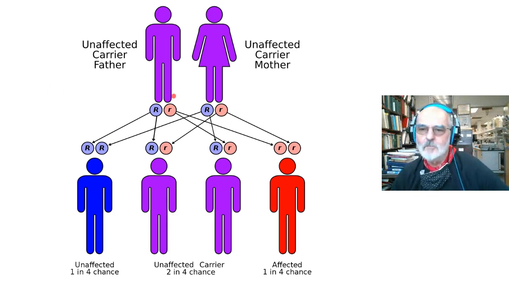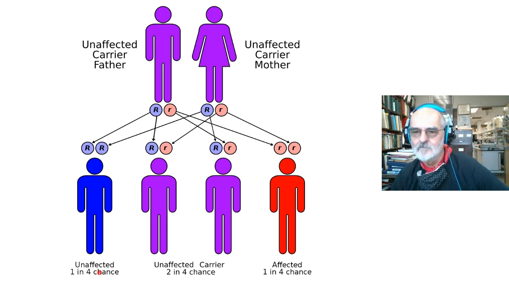If your parents are carriers, okay, normal and abnormal, you have a 50% chance of inheriting each copy from each parent. So you might get the normal copy from both parents. You might get a normal and an abnormal from one parent, or a normal and an abnormal from another parent, or you might inherit two abnormal copies.